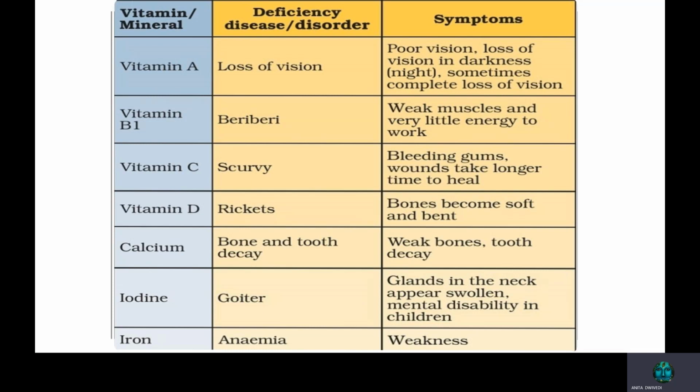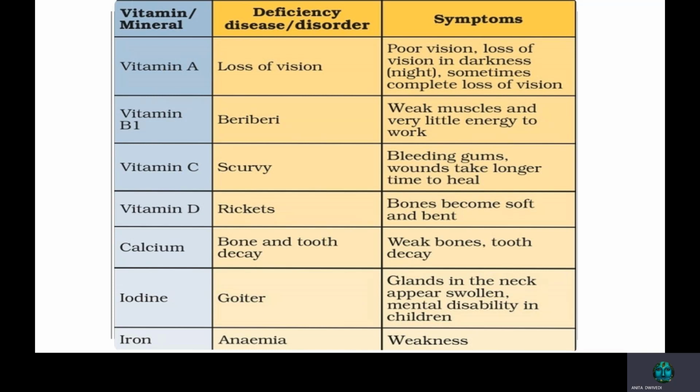Next vitamin is vitamin C. Deficiency of vitamin C causes scurvy and the symptoms are bleeding gums, wounds take longer time to heal. Vitamin D. Deficiency of vitamin D causes rickets and the symptoms are bone becomes soft and bent.